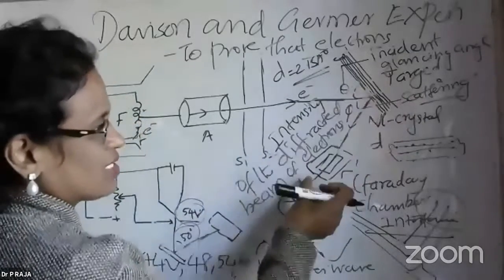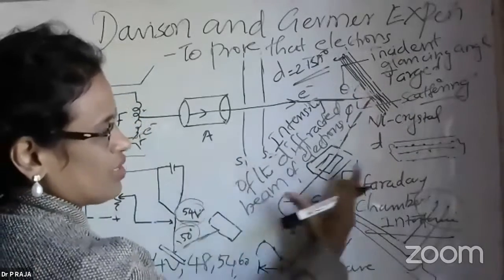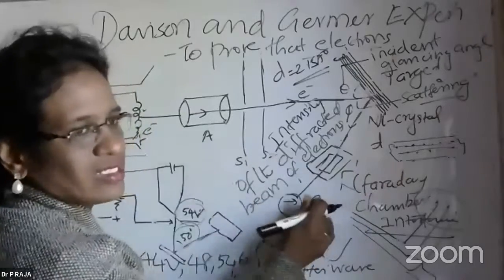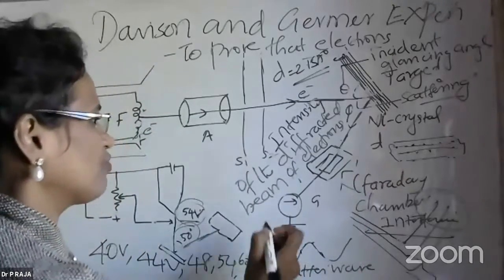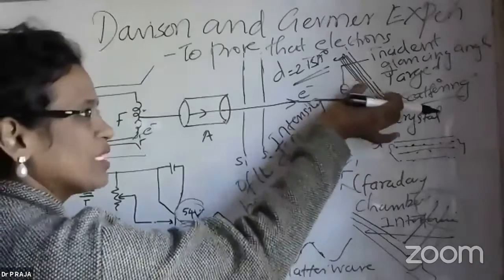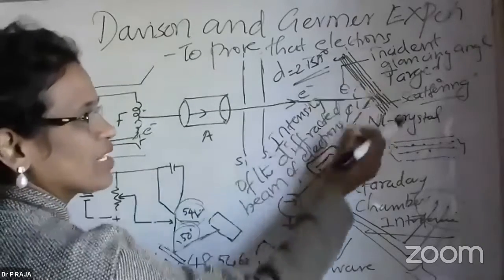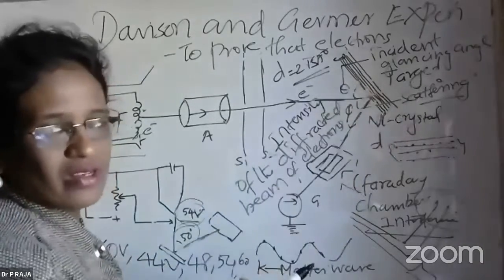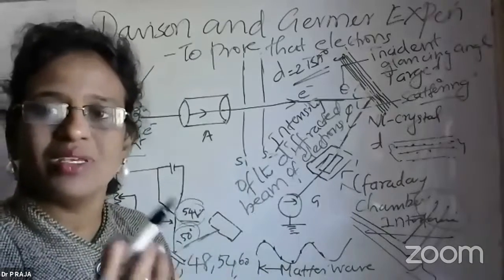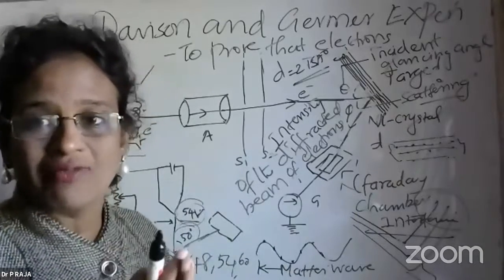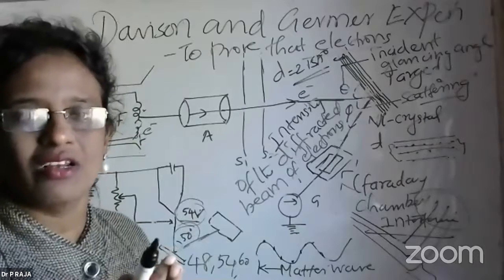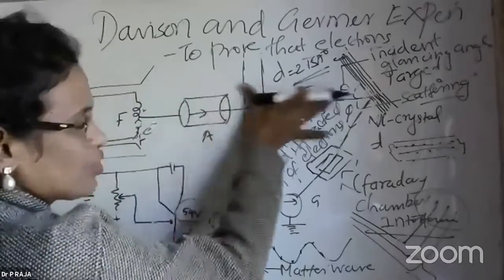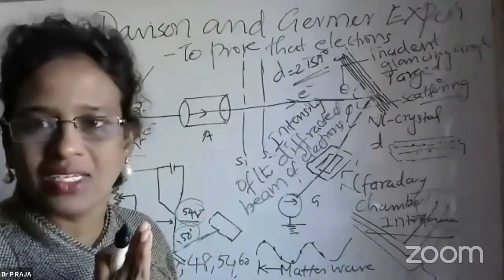we can get, by moving this Faraday chamber, or I can call it an electrometer, an intense diffracted beam that comes out. The intense diffracted beam is in the form of waves, not particles. That is the conclusion. Here the electrons are moving, that is the particle nature.